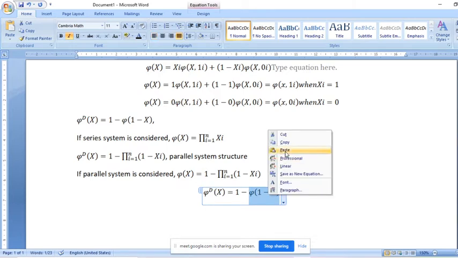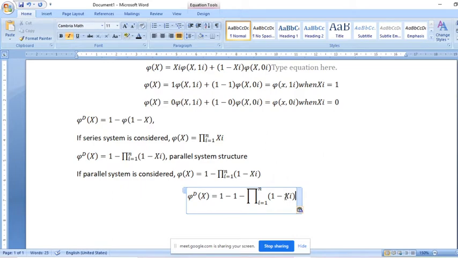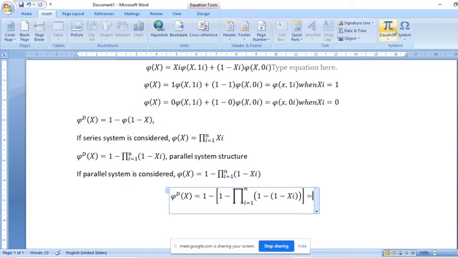So just substitute first and then replace xi with 1 minus xi. Taking the common minus, as a result you will get 1 and 1 will get cancelled. Negative and negative become positive. Then the remaining term is the product.